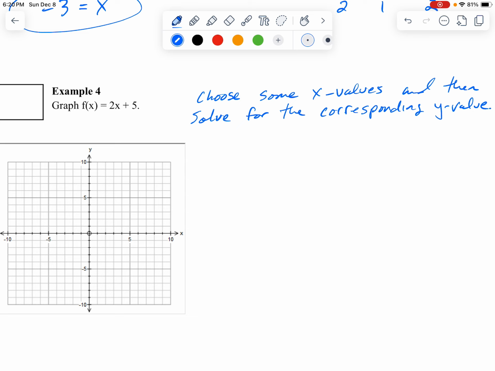It's always good when we're trying to graph to choose a couple different points. I always like to choose a negative. It's usually a good idea to choose 0 or 1. So here's what I'm going to choose. I've got x values, and then we've got f of x, which, remember, that's just the same as y.